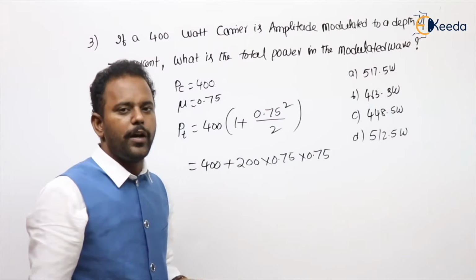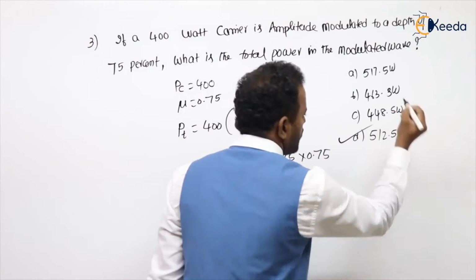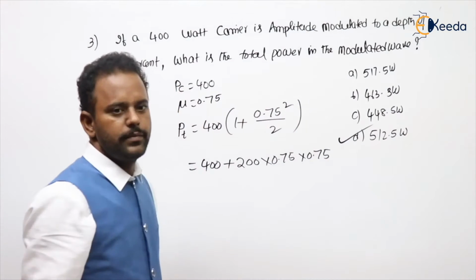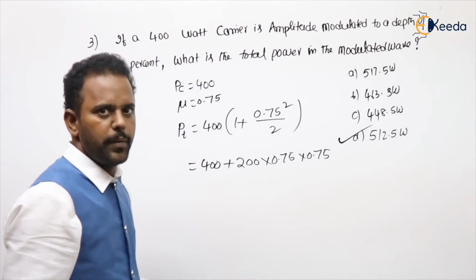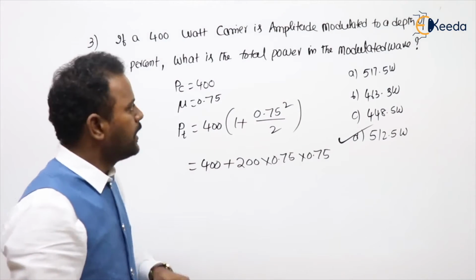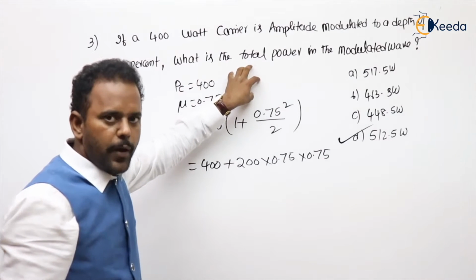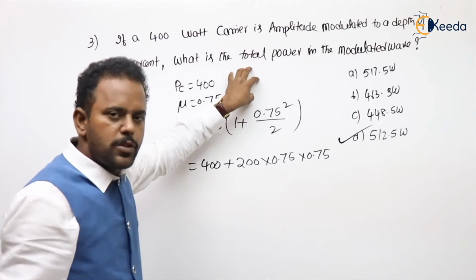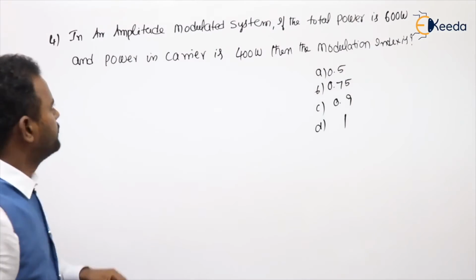Obviously, 112.5 will come. 400 plus 112.5, 512.5 is the answer. In that manner, you need to solve. This is a regular model of problem. GATE problems we'll see. All the GATE problems also we'll see. Here I am taking some of the ESC problems as well as some general problems. All the GATE problems up to now also we will solve. Clear? See the next problem.